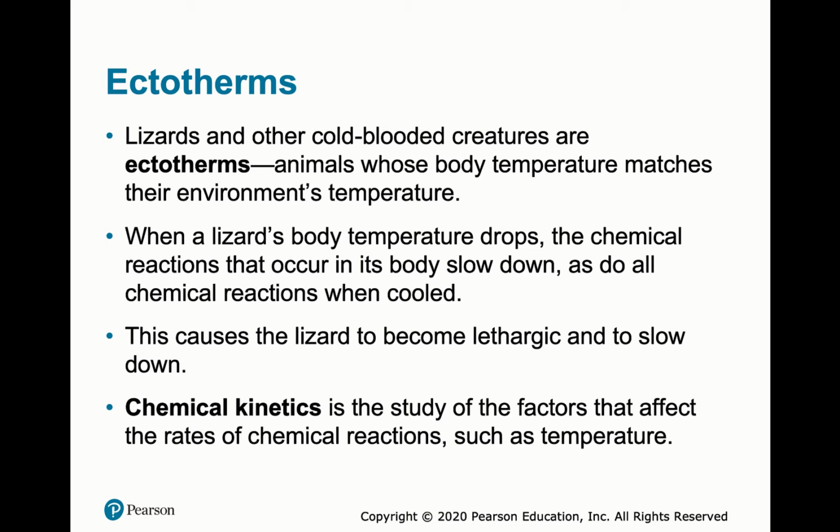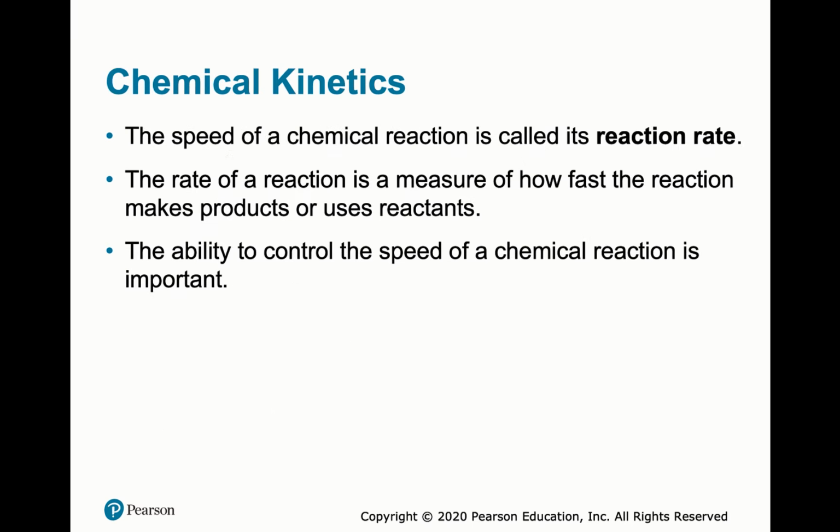But this chapter studies chemical kinetics. This is the speed of reaction. So temperature is one of the major effects of the things that affect chemical reactions. The speed of a chemical reaction is known as its reaction rate, and the rate of reaction is how fast things are going, how much products are being generated or reactants are being consumed.